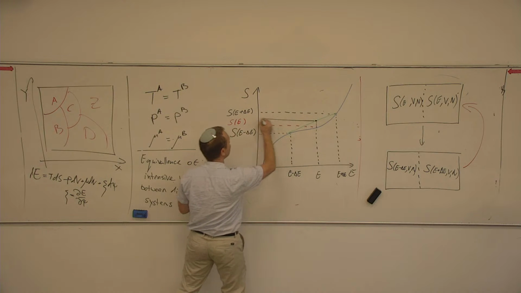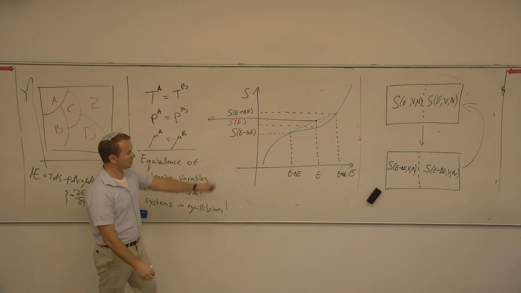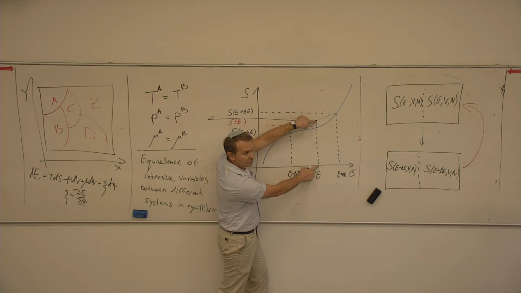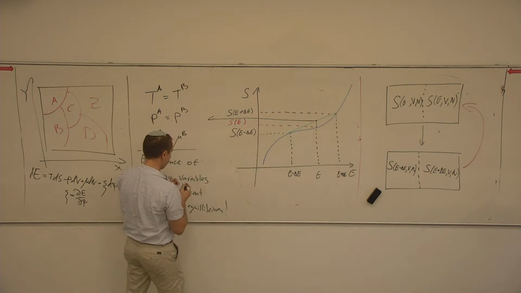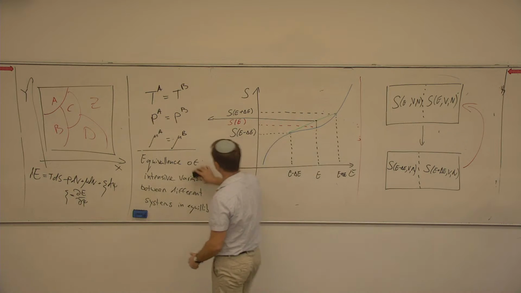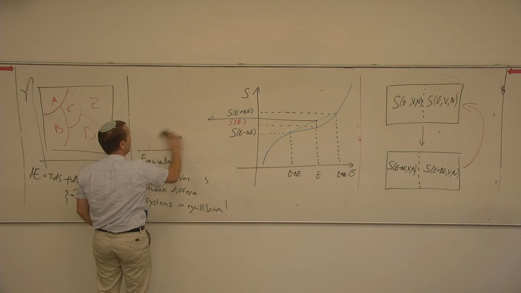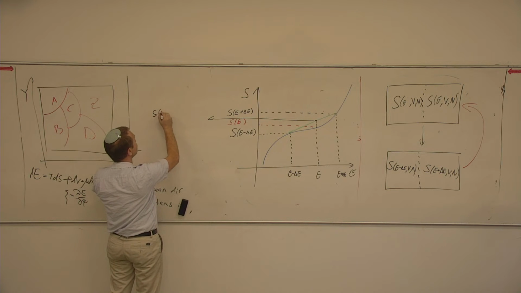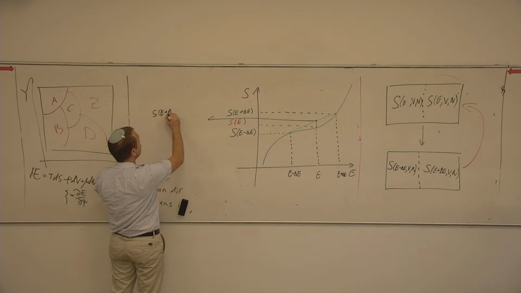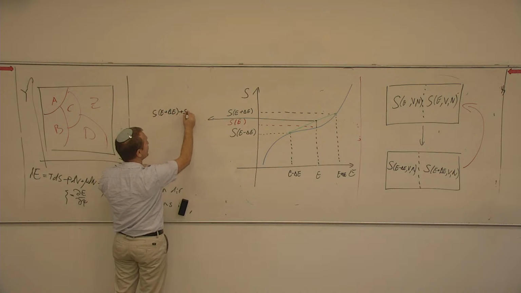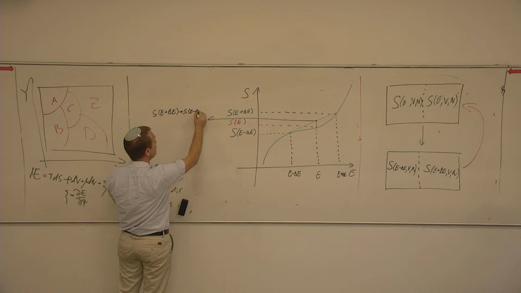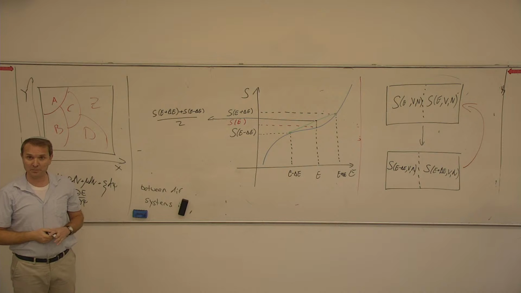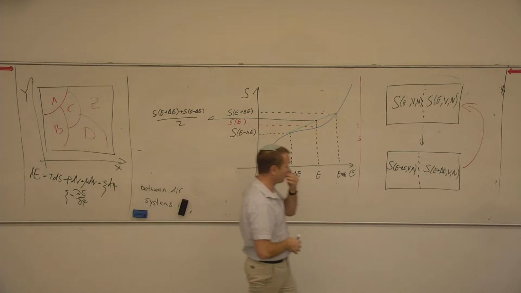I will get that the height of this line is what? It is S(E plus delta E) plus S(E minus delta E) divided by 2. Do you agree with me? Right?